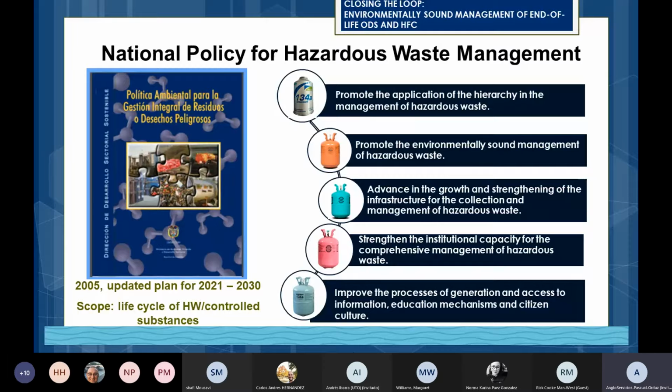The first one is to promote the application of the hierarchy in the management of hazardous waste. Second objective is to promote the environmentally sound management of hazardous waste, advancing the growth and strengthening of the infrastructure for the collection and management of hazardous waste, and strengthen the institutional capacity for the comprehensive management of hazardous waste, and then improve the processes of generation, access to information, also the education mechanisms and the citizen culture. Next one, please.